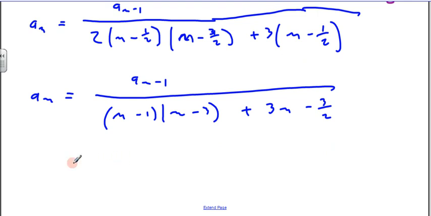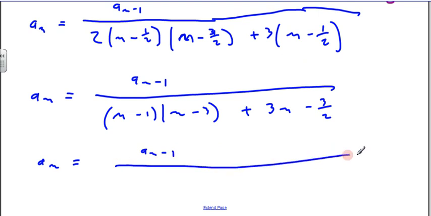Okay, so I've got a_(n minus 1) divided by n squared minus 4n plus 3n minus n. I have plus 3 minus 3 halves plus 3 halves.